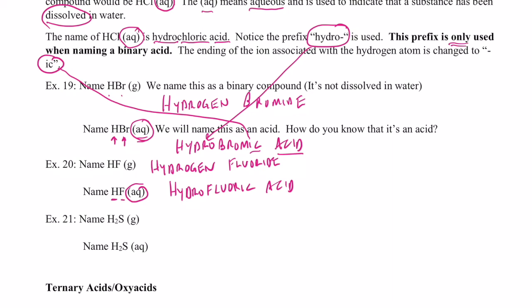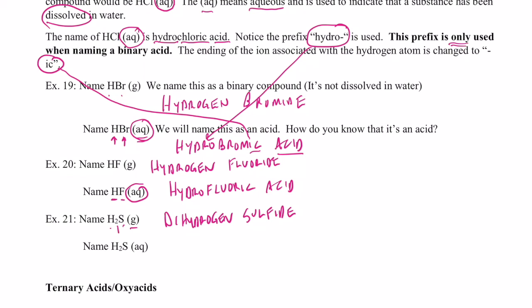So H2S, as the pure compound in its gaseous state, would be called dihydrogen sulfide. Right? Nonmetal to a nonmetal, so we're going to follow the covalent or molecular naming system where we would use prefixes if there's more than one of the atom.